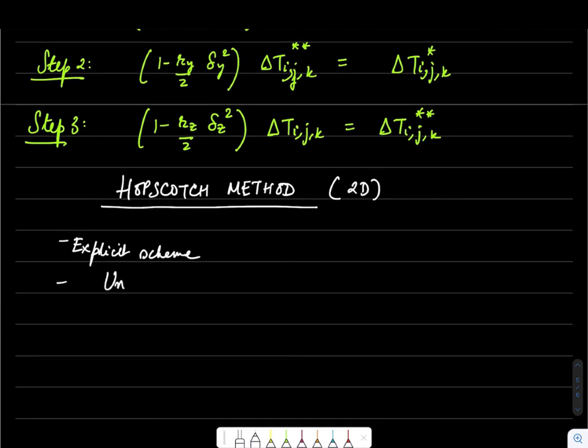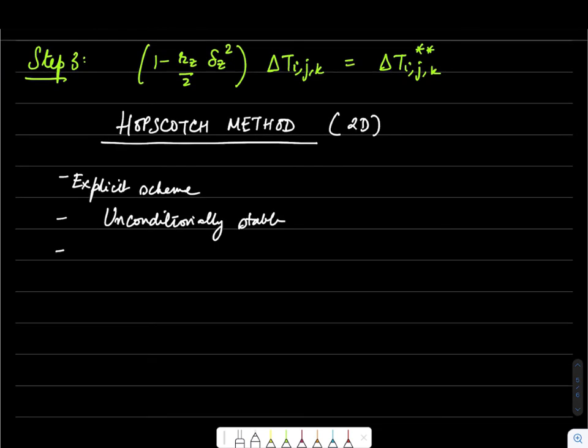But in spite of being explicit, this is unconditionally stable, and the calculation process, as I will show, will involve 2 sweeps through the mesh.